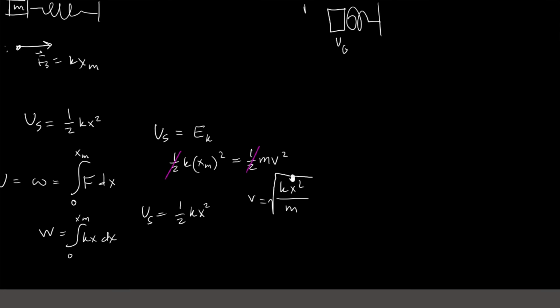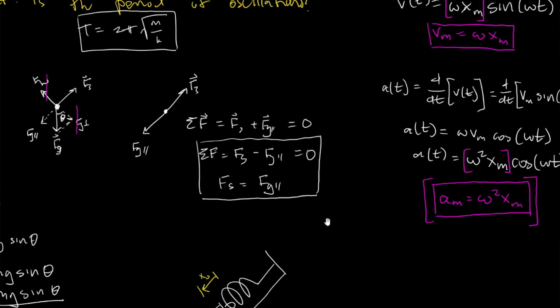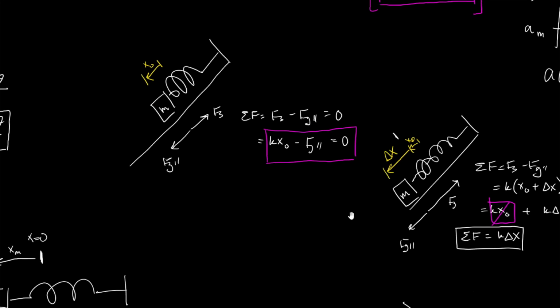Now we can pull out that x squared to get v equals x_m times the square root of k over m, and v is also equal to, how we found up here, omega x_m.